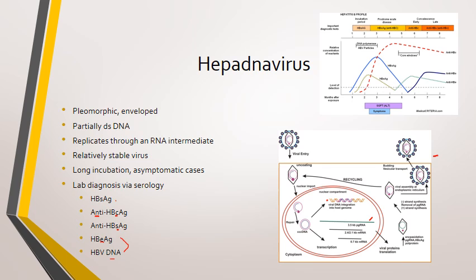So if you guys had the vaccine, you will have the HBS antibody in your blood. Okay, so you can't use that as a marker for infection because many people have been vaccinated, and we expect that. That's why the antigen has to be used as a marker for infection.